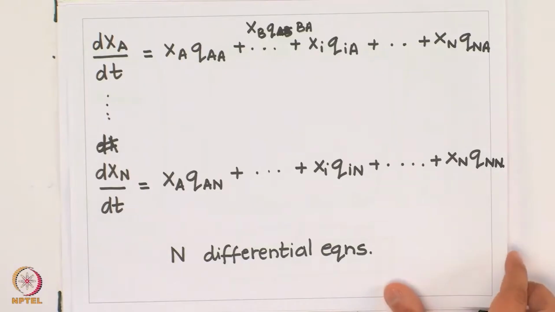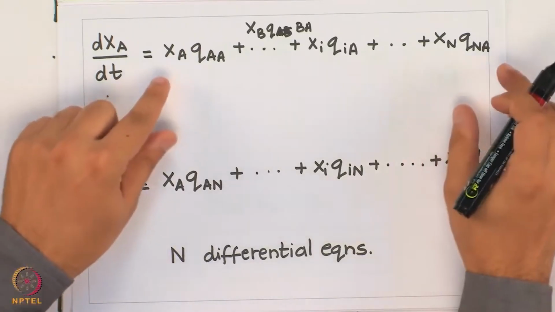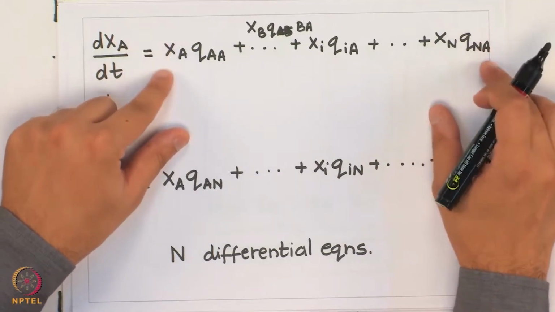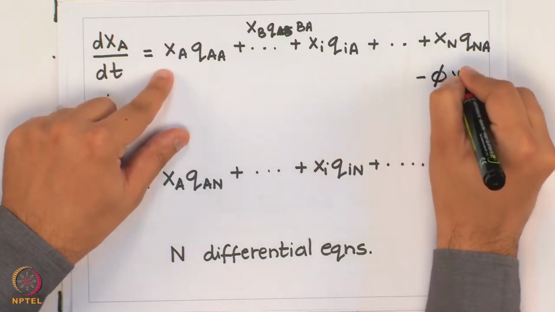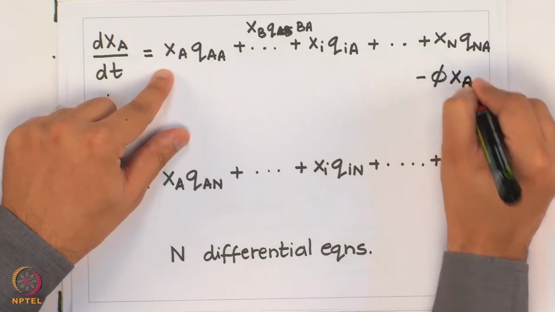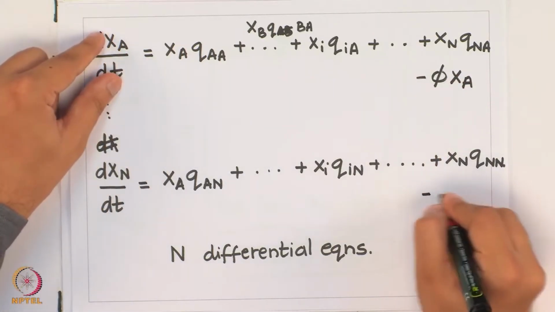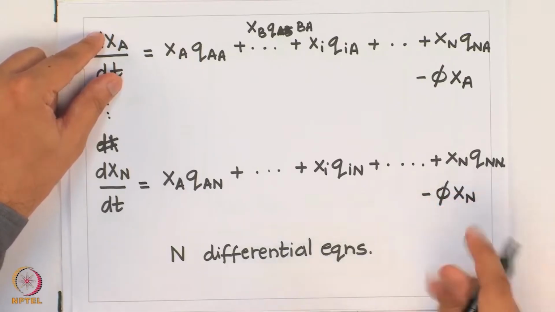And remember, the growth of every particular genotype is represented by what is being added minus phi times the frequency of that particular genotype, which is phi times xa. The equation here will be phi times xn, and so on and so forth.